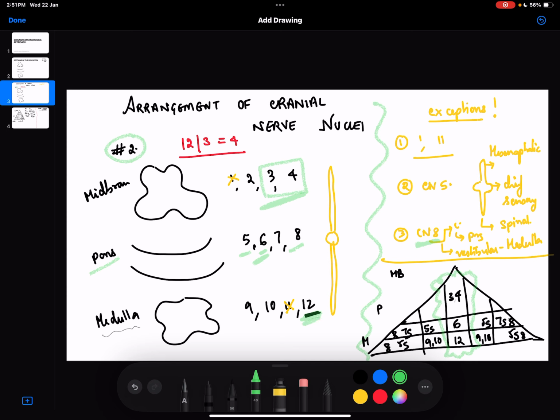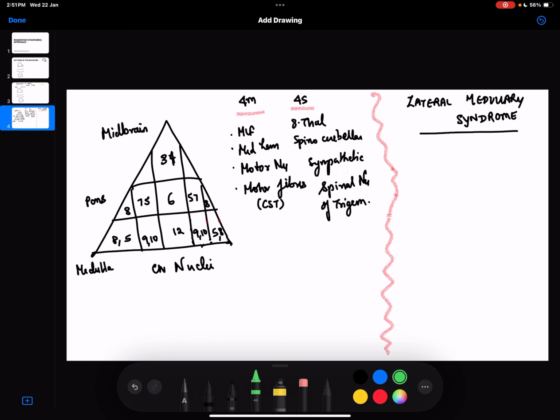Easy? Okay. Now we'll see how we apply these aspects to our understanding of the brainstem syndromes. Here I have already placed rule number 1 and rule number 2 onto a single slide so that we can see how to apply them.